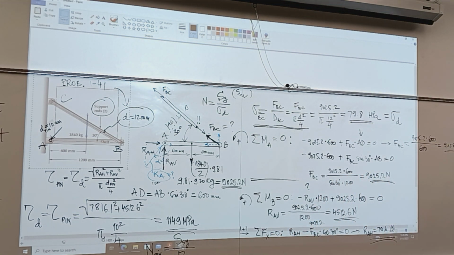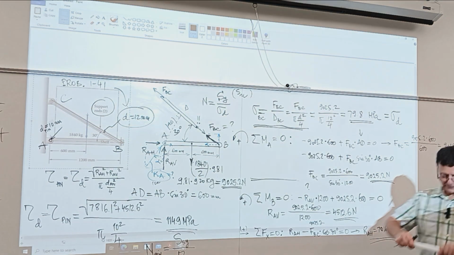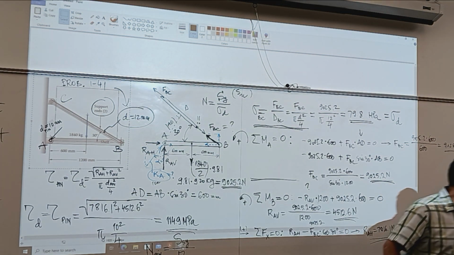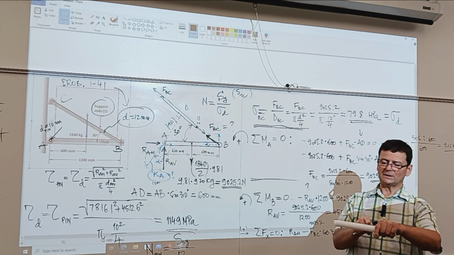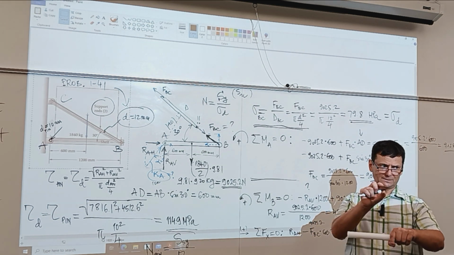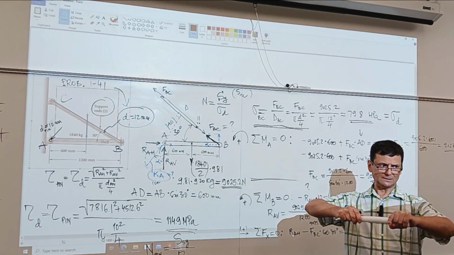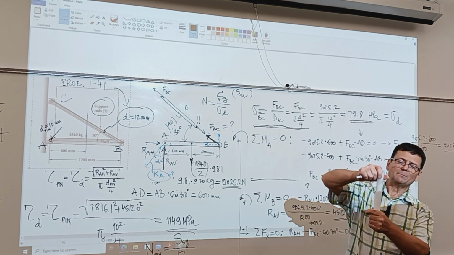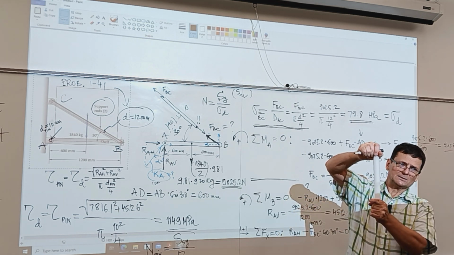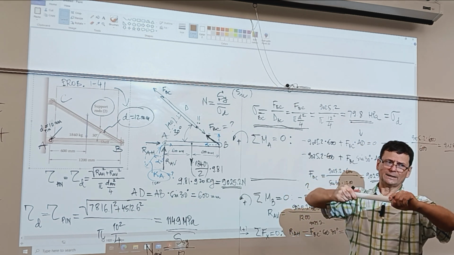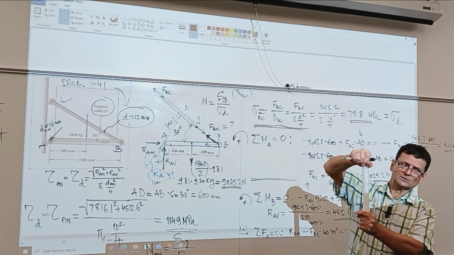So what they do is fabricate a tubular piece with a very thin area, and they twist it and record the angle, same as they do with the tensile specimen. But here you have torque and angular displacement, whereas there you have force and linear displacement.